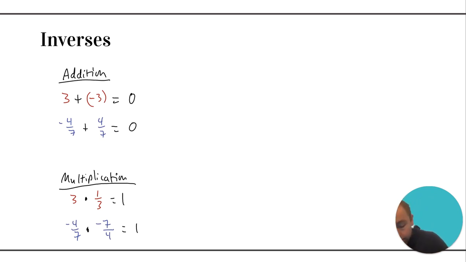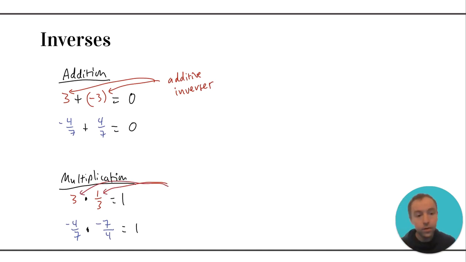In doing such a thing, we can say that the numbers that we chose right here, like 3 and -3, are inverse elements, but specifically we call them additive inverses because they cancel each other out through addition. Whereas when we did 1/3 and 3, or -4/7 and -7/4, those cancel out through multiplication.